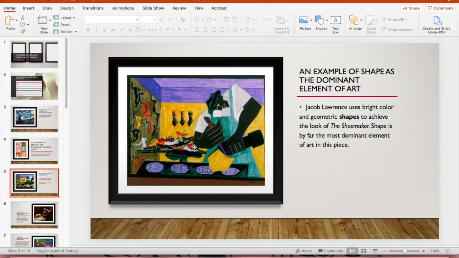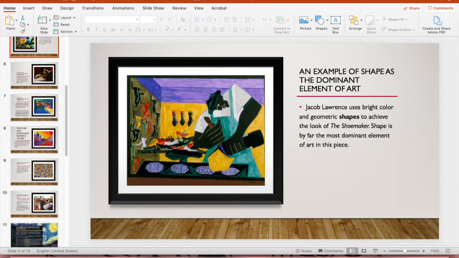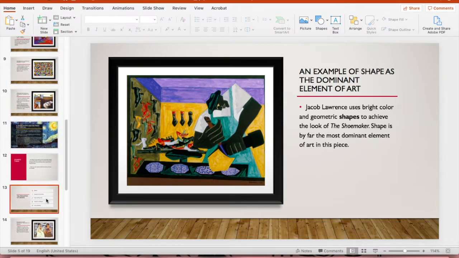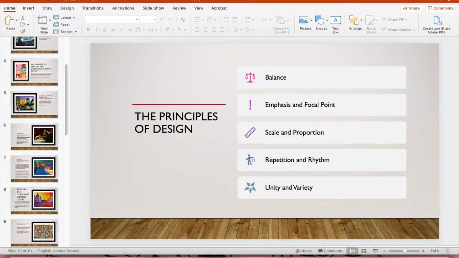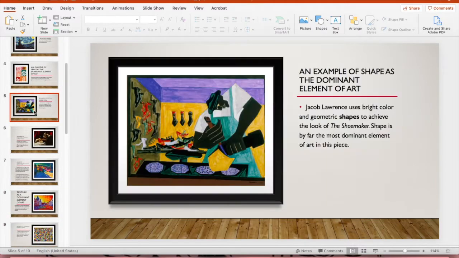Okay, so if you were going to go down here to your principles of design, you would probably want to pair scale and proportion with shape. So you would talk about how Jacob Lawrence uses geometric shapes, how a human being is usually depicted in these organic, natural shapes, but here Jacob Lawrence has achieved his style by making everything very geometric, right?